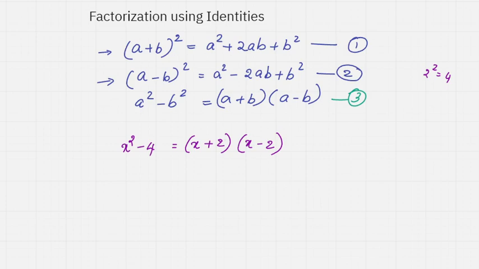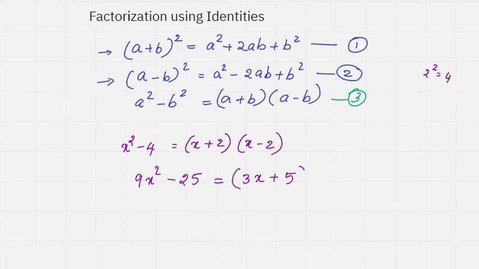Another example, 9x square minus 25. Here 9x square is a perfect square and 25 is also a perfect square. So how can we write this? The square root of 9x square is 3x and it will be added to 5, because the square root of 25 is 5.